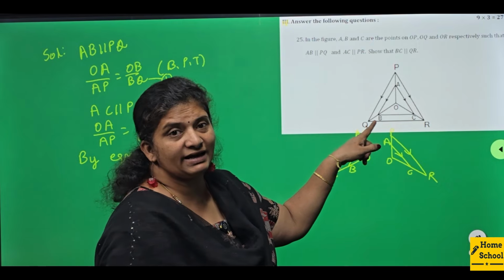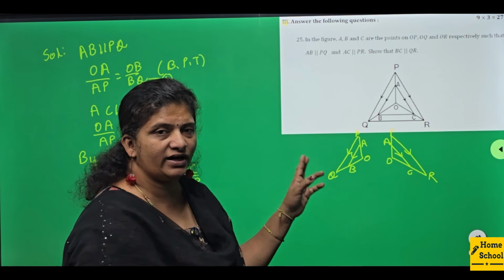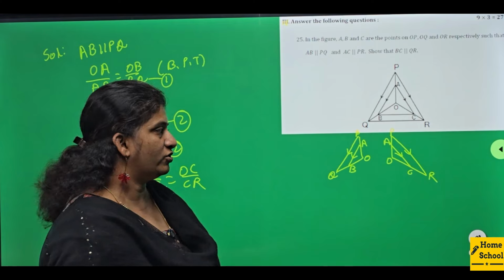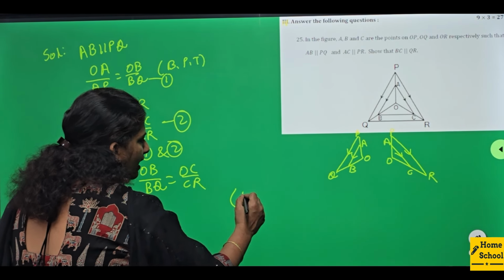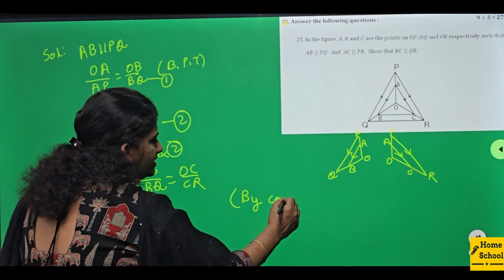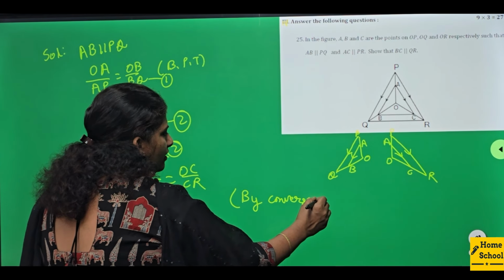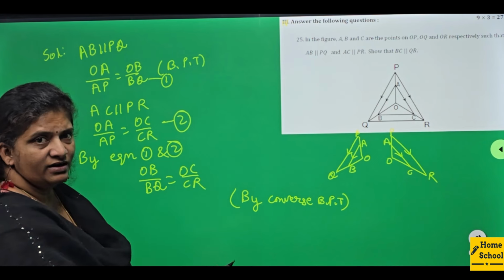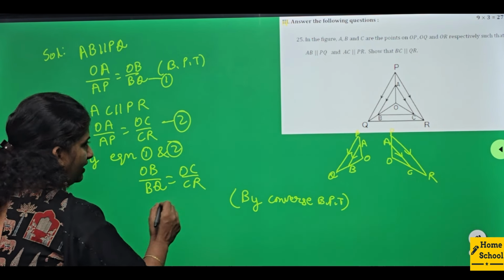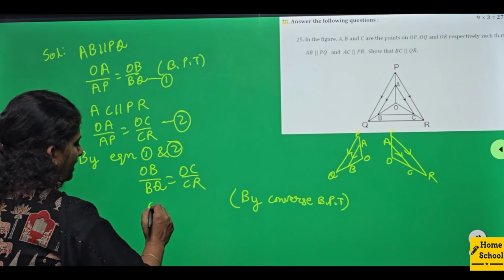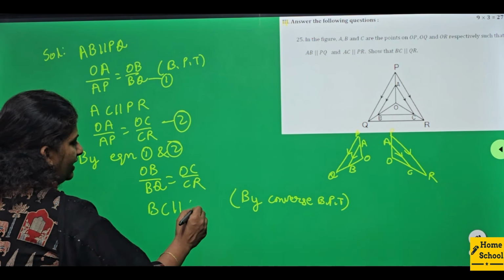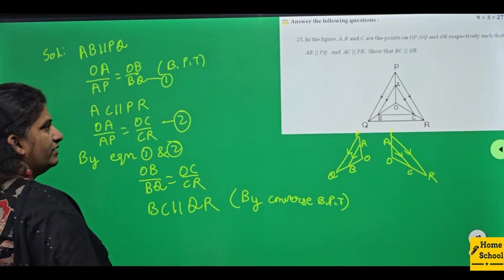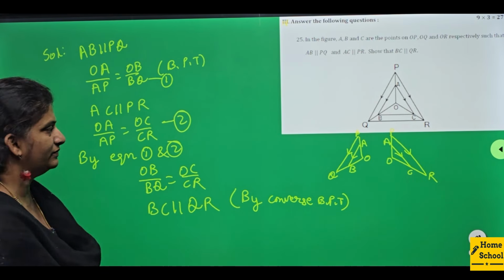Now the sides are divided in the equal ratio, so by converse of BPT, what I can say? If the sides are divided in the same proportion, then the line is parallel. Therefore BC is parallel to QR. Hence it is proved.